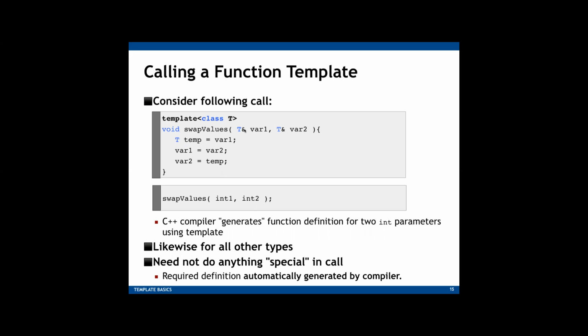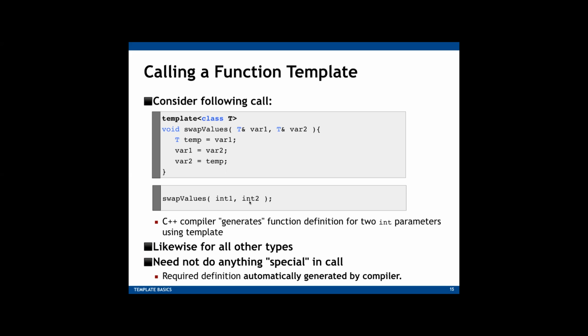So we do not use int or char for the swap values, but instead we put the type parameter T. When you call this swap values function using a specific type of argument, in this example we are passing two int arguments here, the compiler will automatically generate the function definition of swap values that works with int arguments.